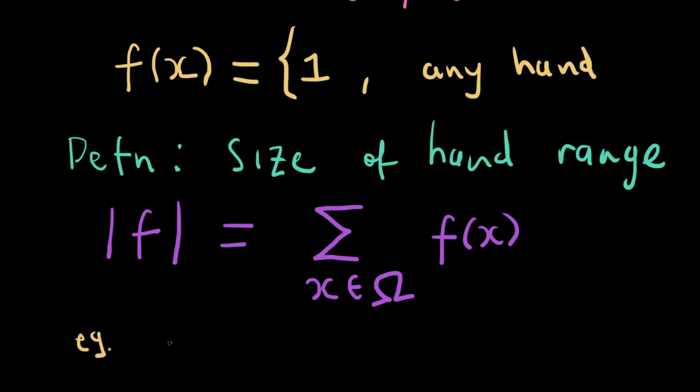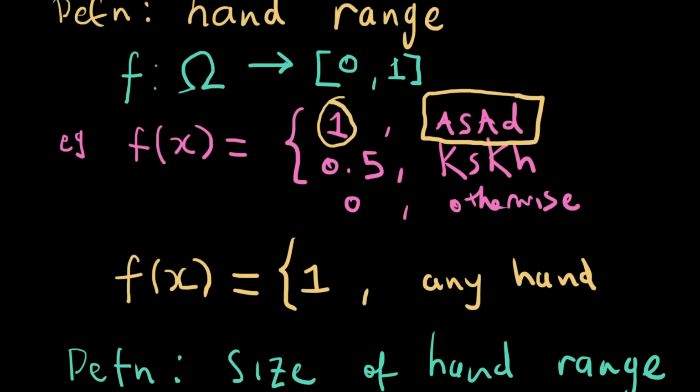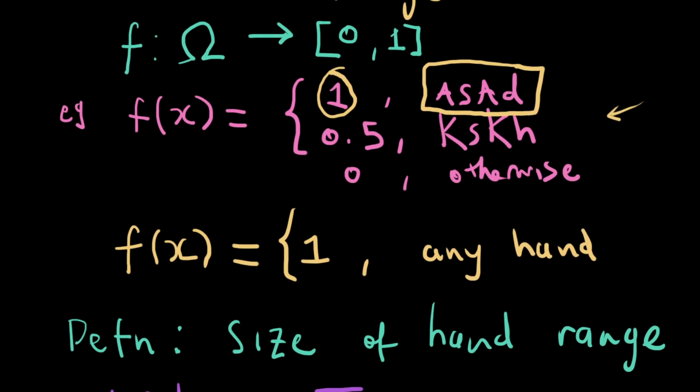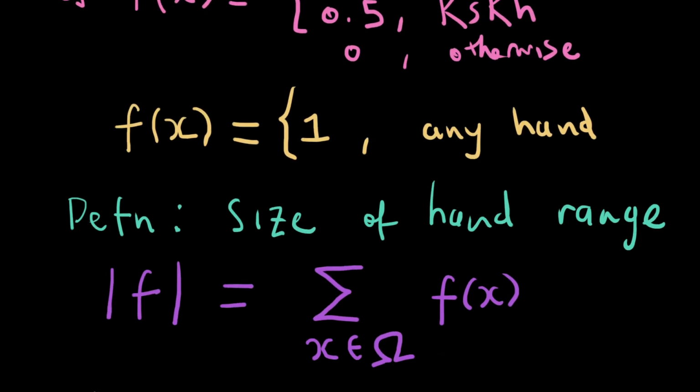So as an example, let's look at this particular function here. It was one combo of aces and half a combo of kings.